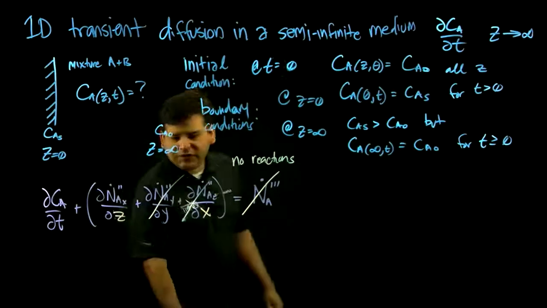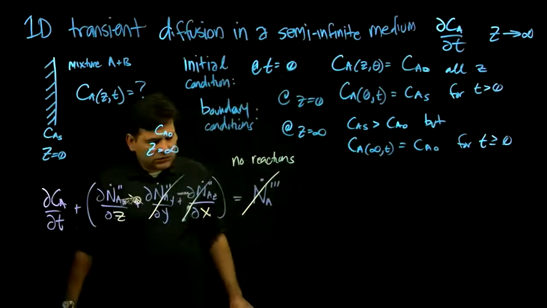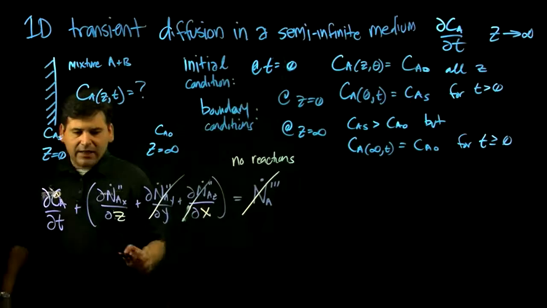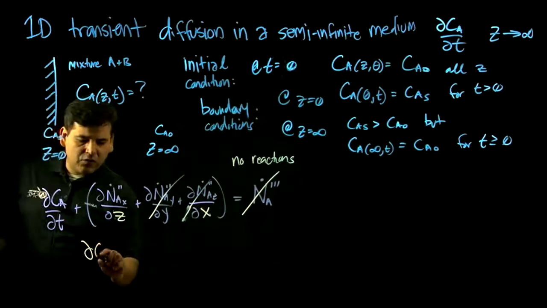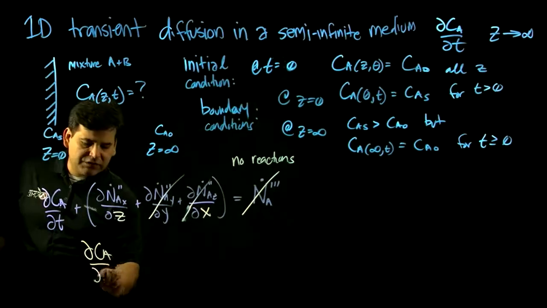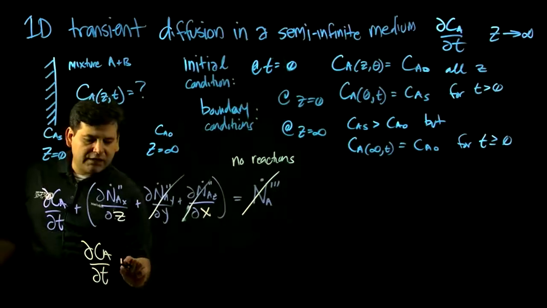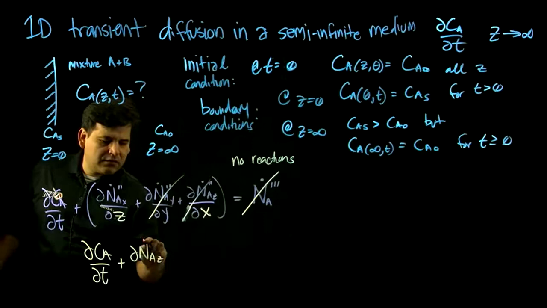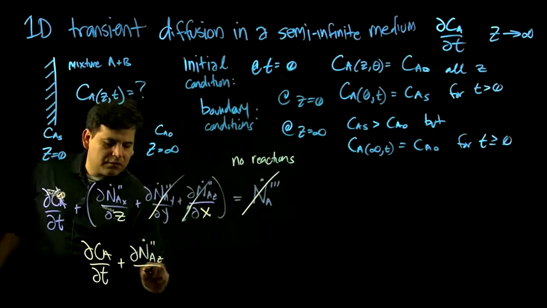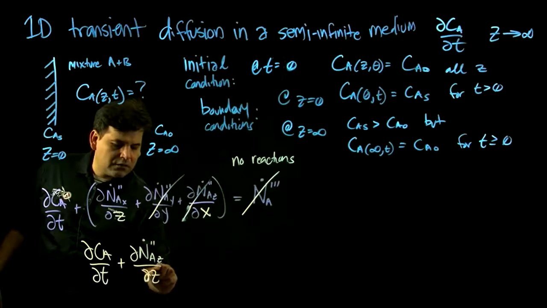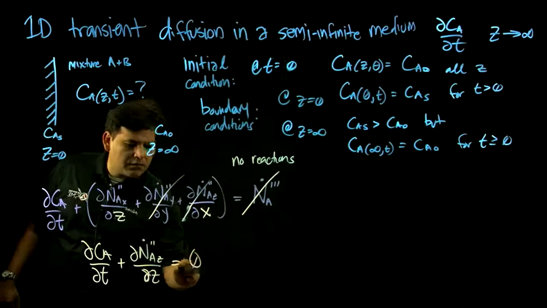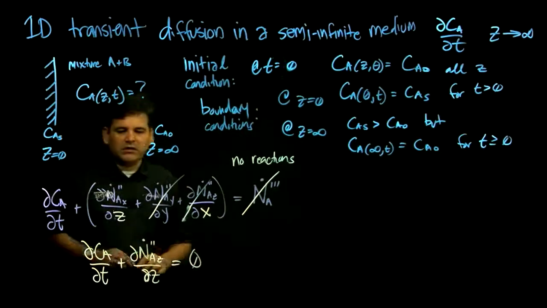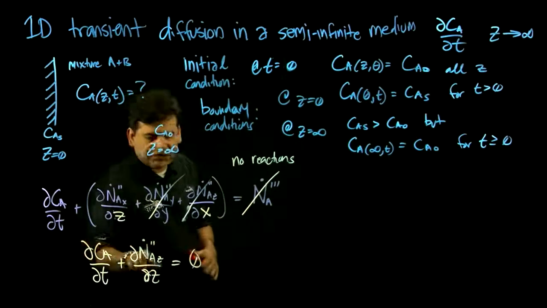Pick your dimension, we picked z. So that would give us this particular form of the conservation equation for species A. So that's the equation. The question is, what is this flux?